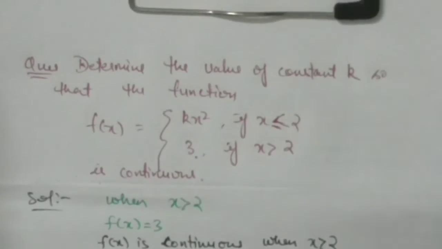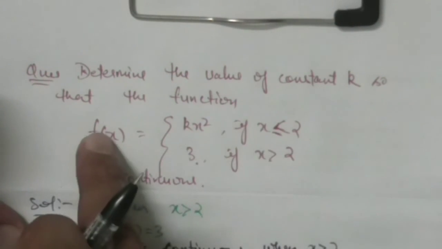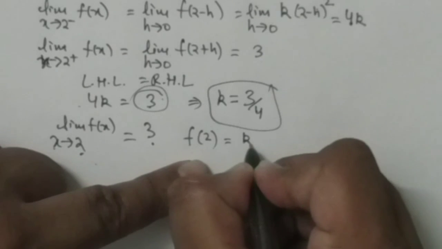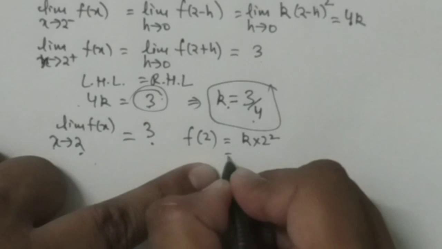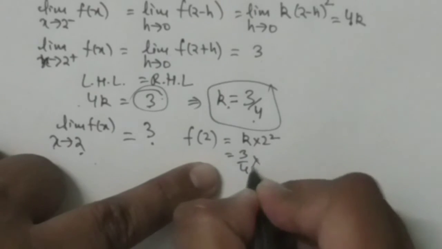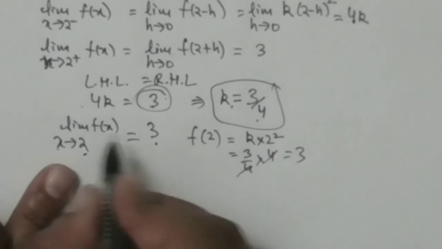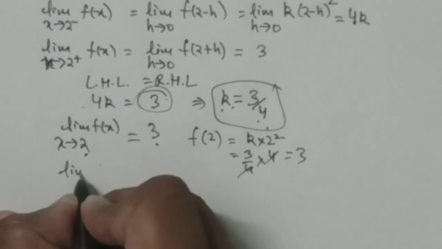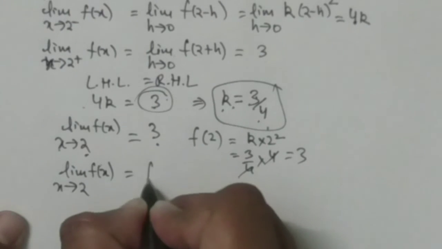So f(2) is, when x is equal to 2, f(x) will be kx square, it means k into 2 square, and k is 3 by 4 into 2 square is 4, is equal to 3. So here you can see that when k is equal to 3 by 4, limit of f(x) as x tends to 2 is equal to f(2).